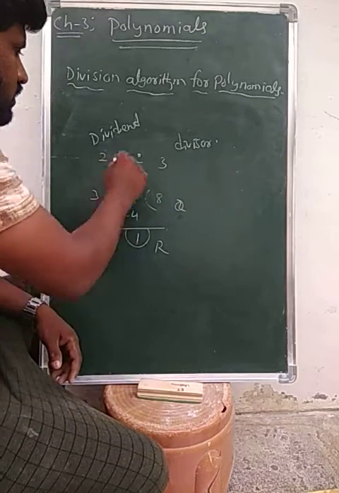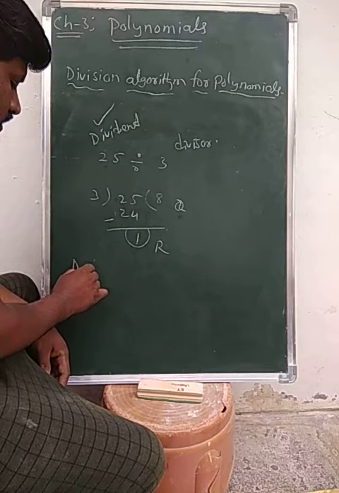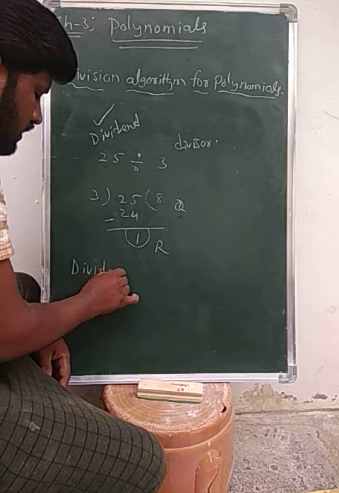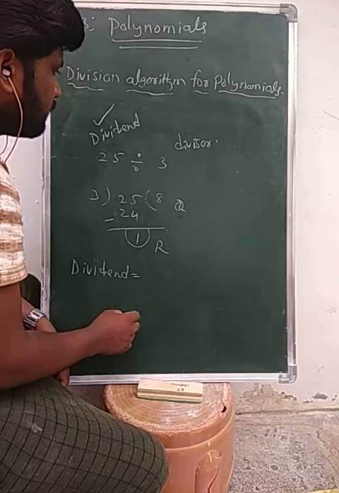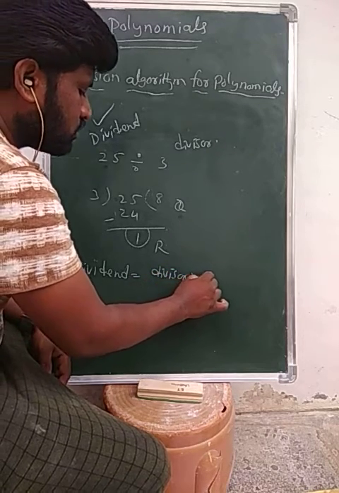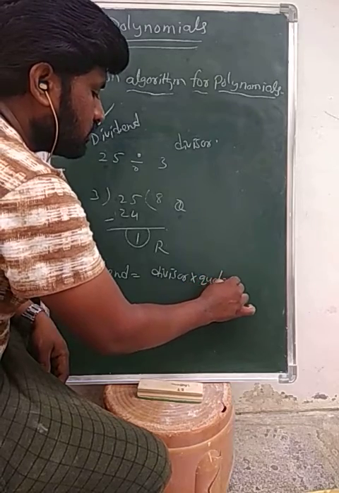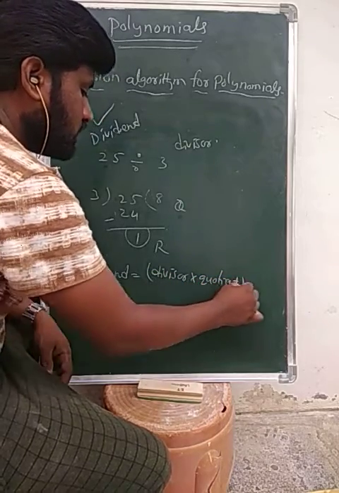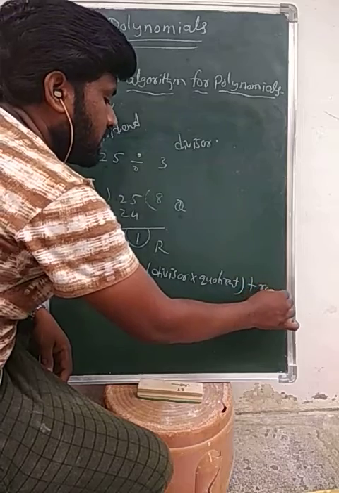Okay, so dividend is equal to divisor into quotient plus remainder.